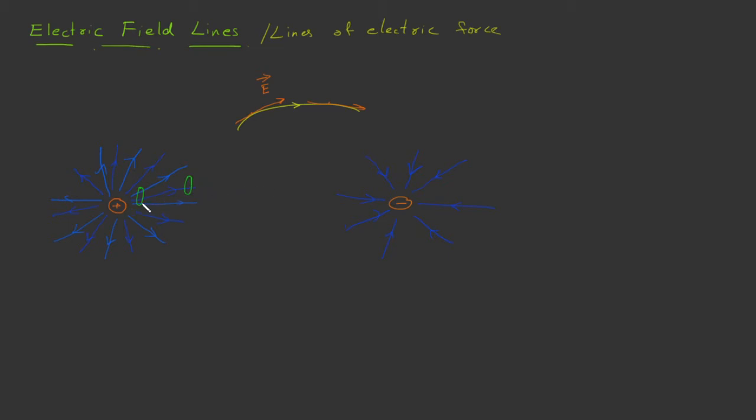We can see the number of electric field lines passing through the area near the charge is more than the number passing through the area far away from it. What does it show? It shows that the relative density of electric field lines near the charge is more than far away from the charge.